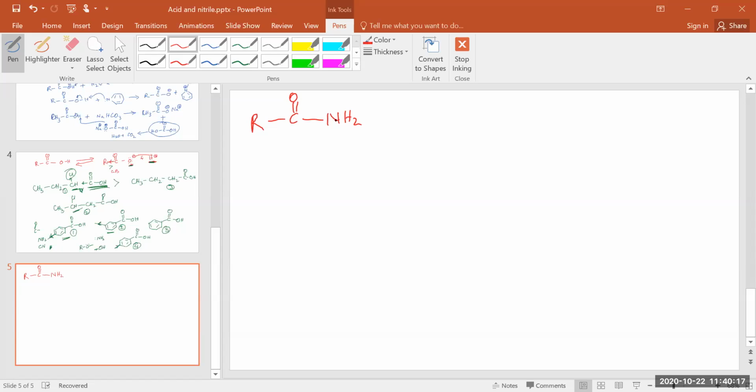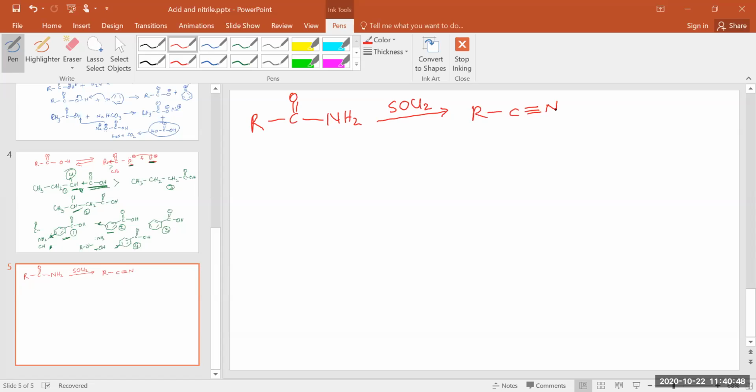You can find a lot of natural products or materials that contain the amide functional group. When this is reacted with sulfonyl chloride, you guys remember this reagent is used to convert OH to Cl. If this one is used, then what happens? It can convert the amide into nitrile.